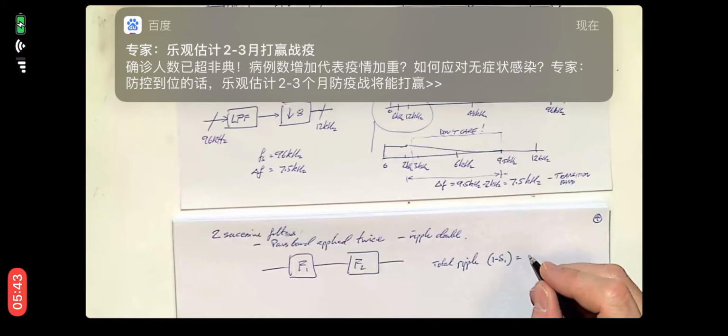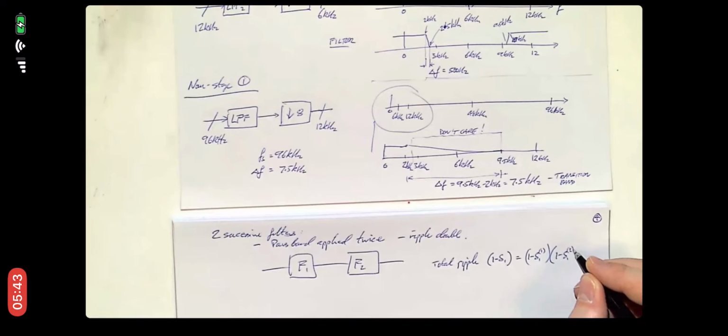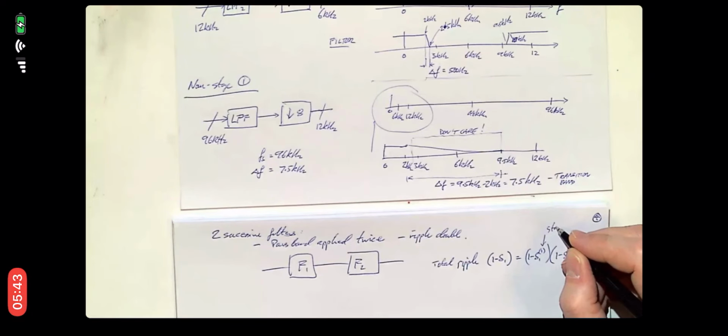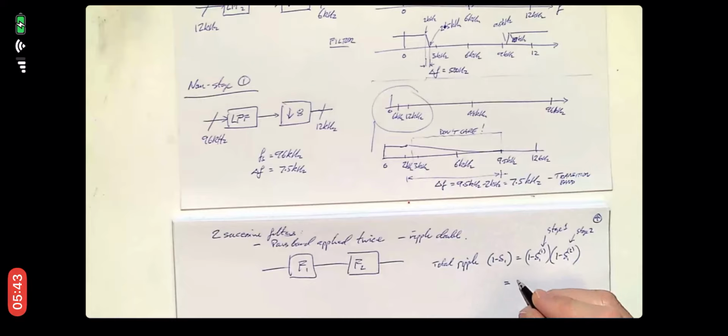if we look at 1 minus delta 1, being 1 minus delta 1, let's call that 1 minus delta 1,1 and 1 minus delta 1,2, where this is from stage 1 and this is from stage 2, it's actually equal to (1 minus delta 1,1)(1 minus delta 1,2), which is 1 minus delta 1,1 minus delta 1,2 plus delta 1,1 times delta 1,2, and this is small.